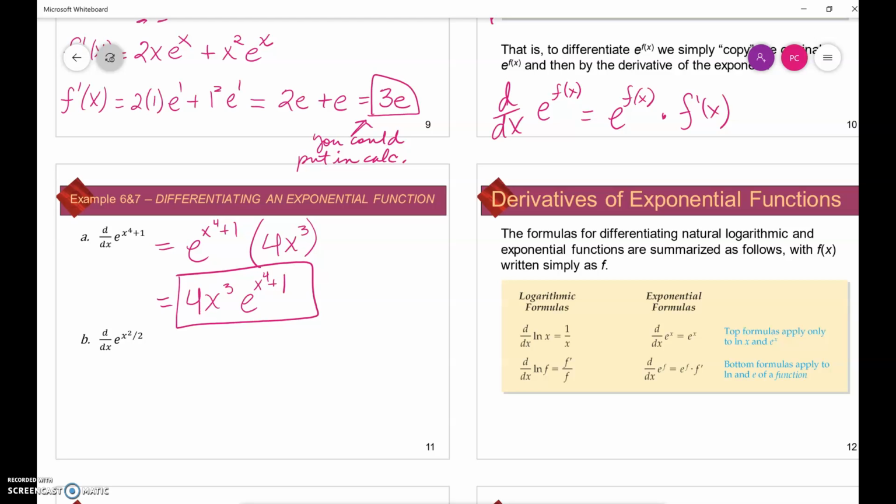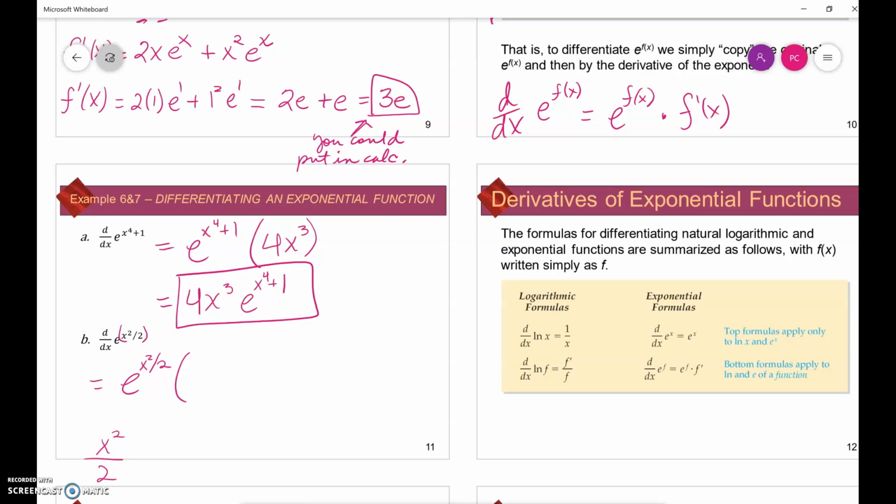Okay, all right, let's try one more. I have the derivative of e raised to the x squared divided by 2. So all this x squared divided by 2 is in that exponent. So the first thing we're going to do is write the whole thing down again, and then we're going to tack on the derivative. To me, I like seeing it this way a little bit better.